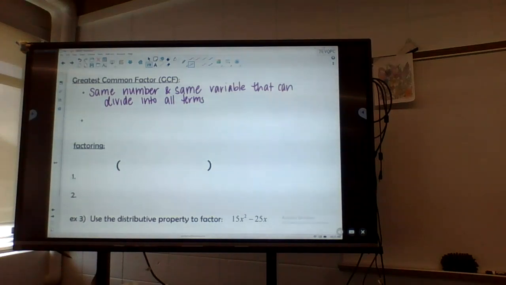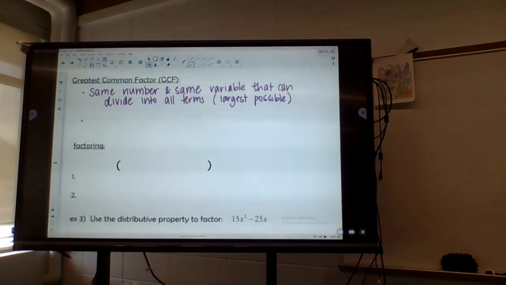And I probably should have said, it says the greatest as well, it's the biggest. So we try to find the largest. And so I'll show you guys a little example of finding that GCF.